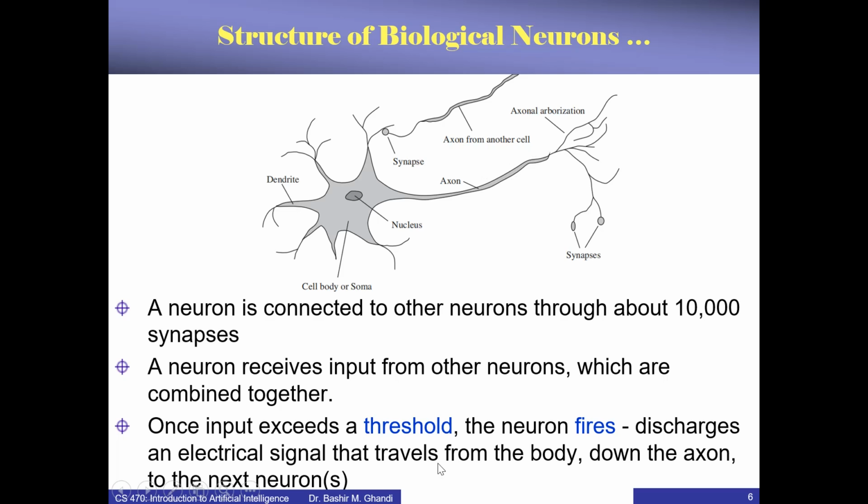So this is basically how information is transmitted from one neuron to another.